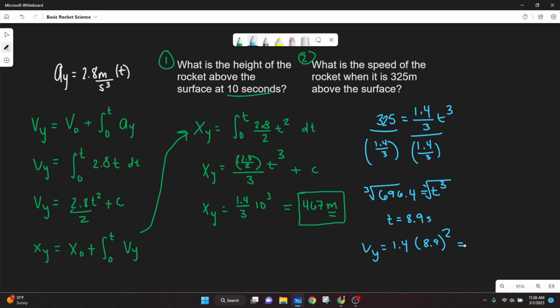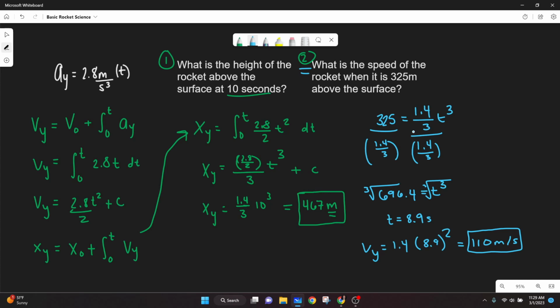And this is going to be equal to, 8.9 squared, that is roughly 110 meters per second if we round. And so that is our answer to question number 2. The speed of the rocket is 110 meters per second.